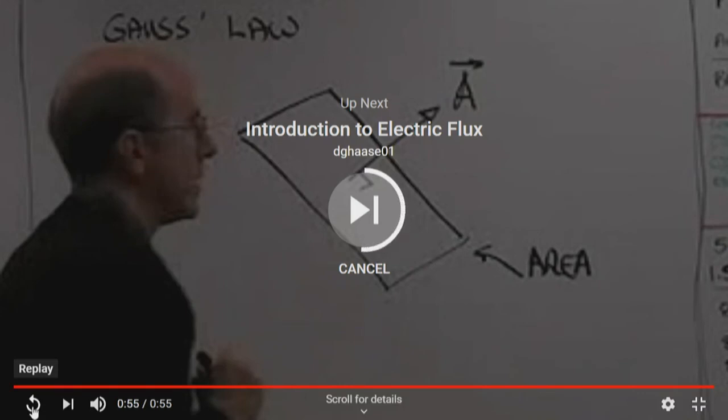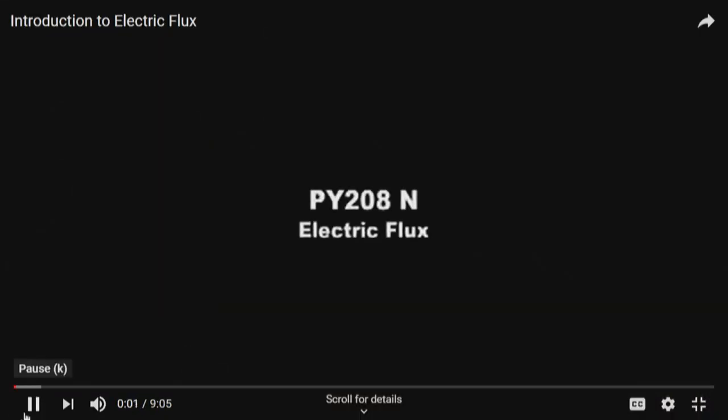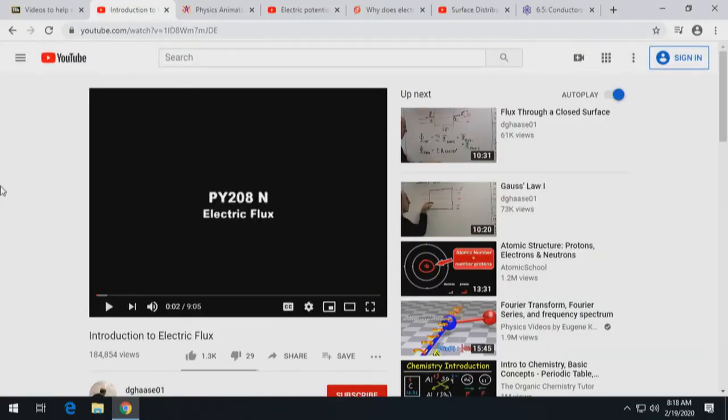Does it decrease by 1 over R? Does it decrease by 1 over R squared? And we know that electric fields decrease by 1 over R squared. So you're looking at those pieces.